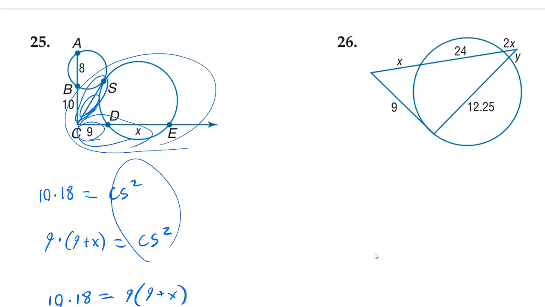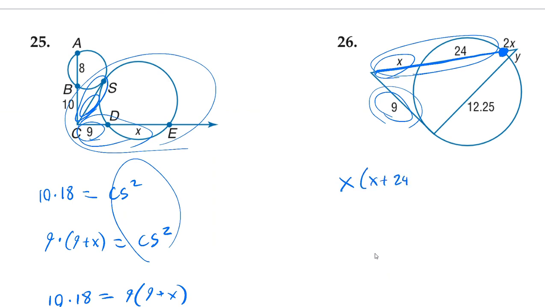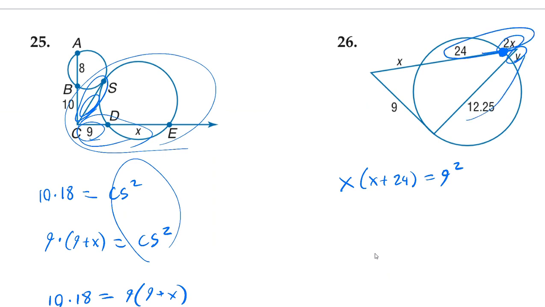What the heck? Look at all this. So we got outside times whole, which only goes to here, not whole going out of the circle. So this relationship. And then outside times outside. So here we get x times x plus 24 equals 9 squared. Okay, and then separate relationship, if we just erase all that, a separate relationship is outside times whole equals outside times whole.